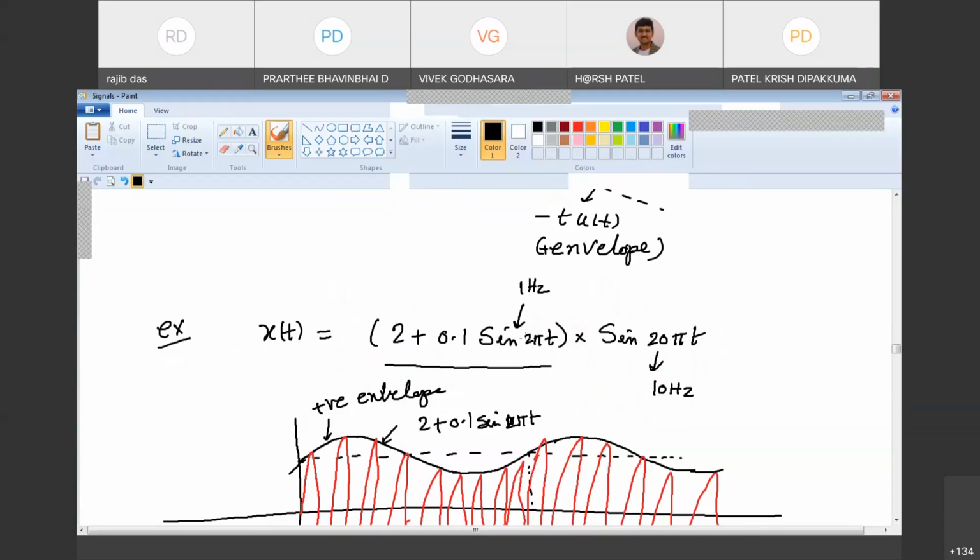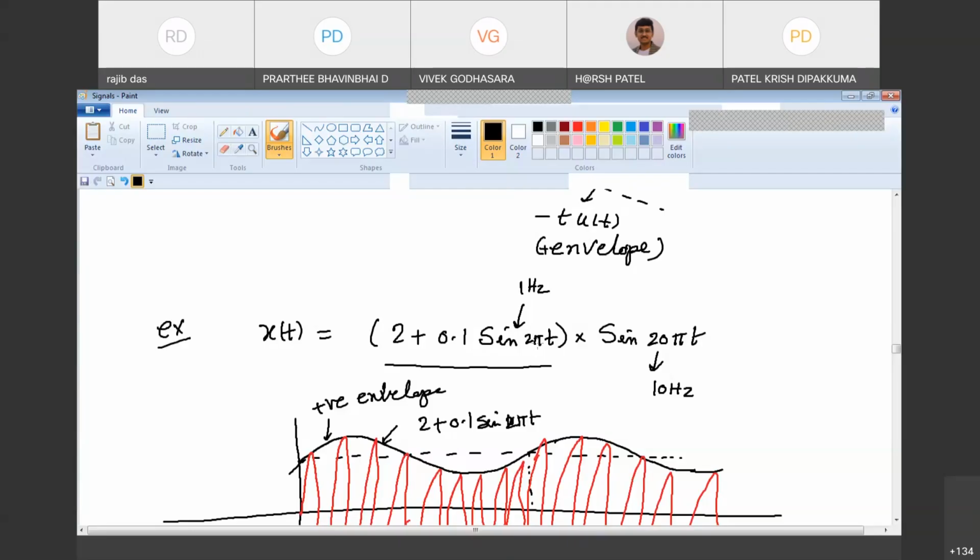So a low frequency signal cannot be transmitted to the channel, the atmosphere, directly. So what we will do, we have to modulate that message signal such that it can travel through the channel. So we need one carrier, a high frequency carrier, which will help us to transmit the low frequency signal.